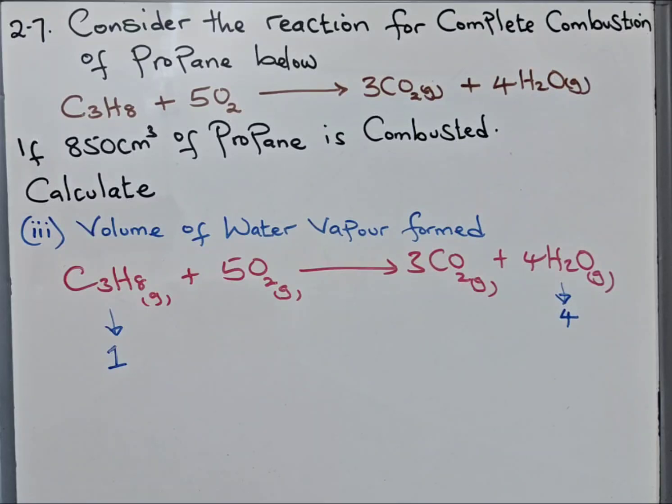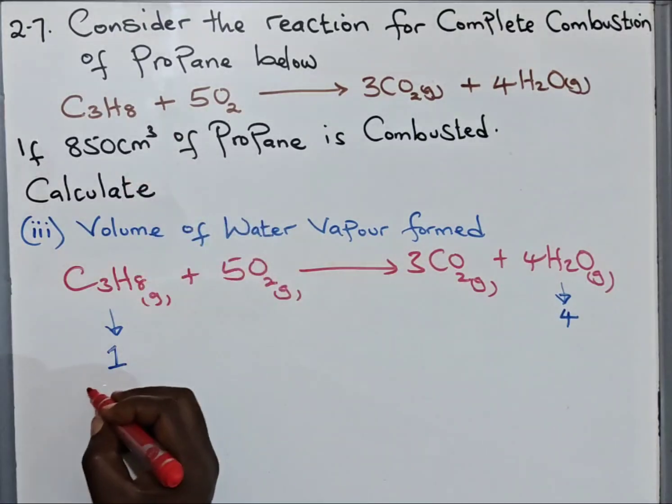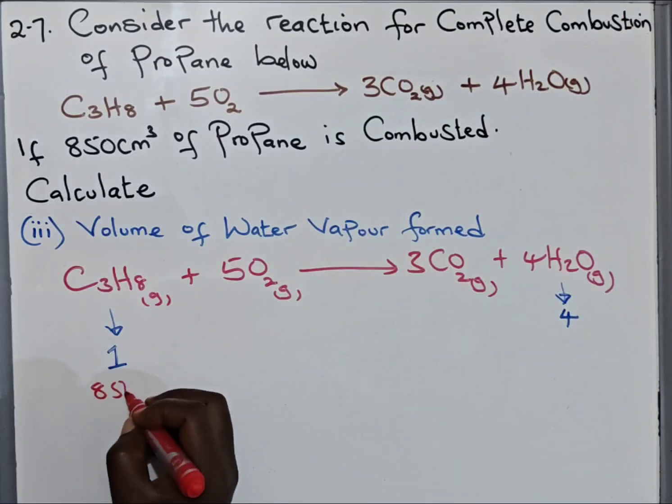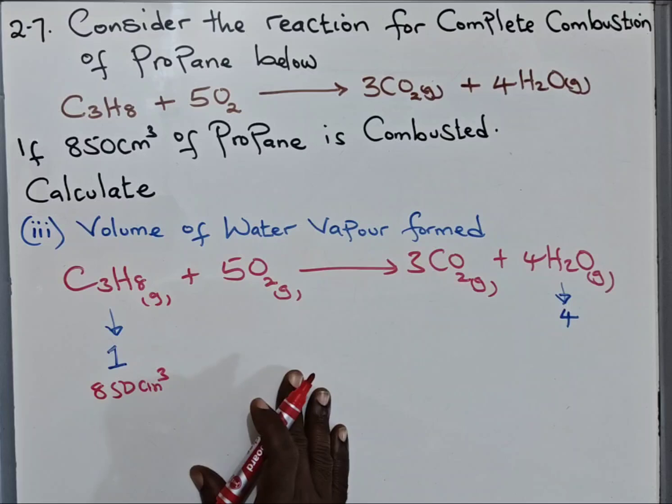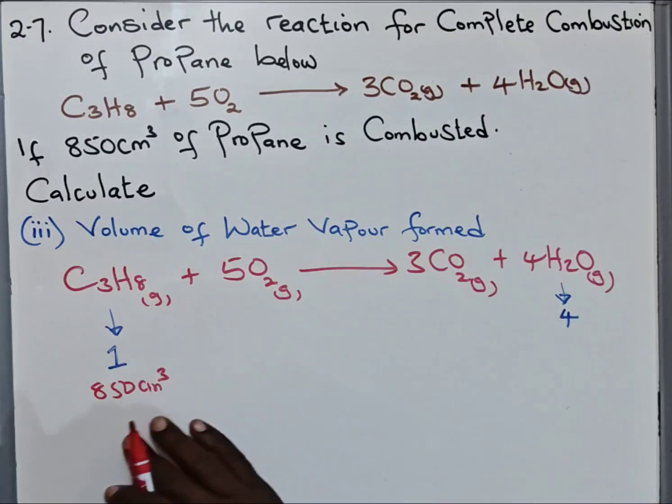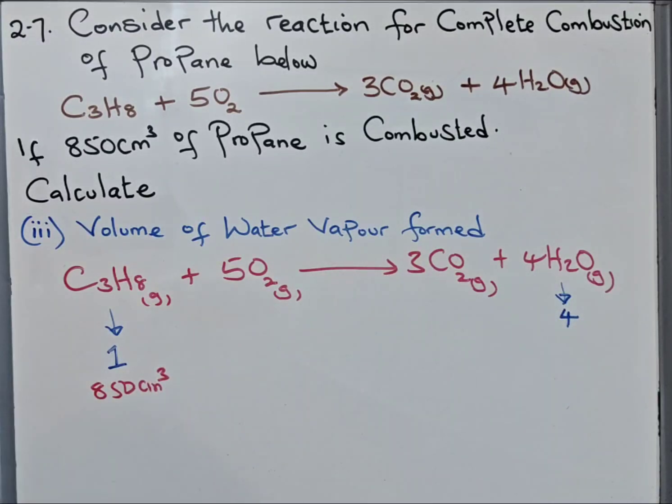So with that, what is next? Next is to quote what you have. We know the volume, 850 cubic centimeter. Like I said before, yes, we have the number of moles. Why do you quote volume? Because Avogadro said all gases behave the same. So equal volumes of gas have the same number of moles or molecules if the conditions are the same.